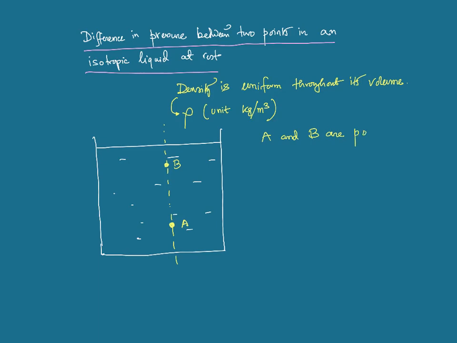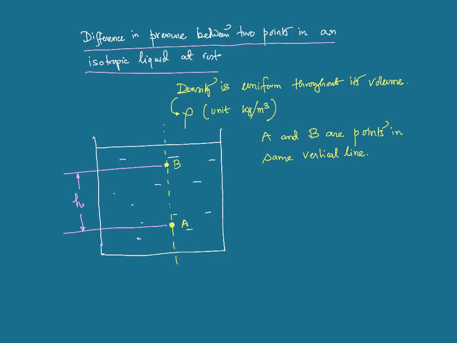Say A and B are points in the same vertical line, and this distance is H. So we have to calculate PA minus PB.